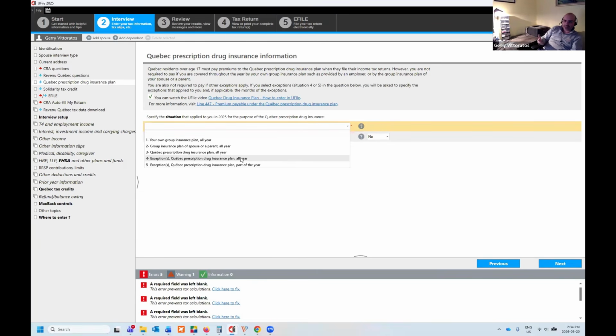Okay, one example of this is if you're collecting 94% of the guaranteed income supplement, then usually you're exempted. You're still covered under the RAMQ, but you won't pay for the insurance. Another example is if you're a student between 18 and 20, if you're a full-time student between 18 and 25 during the year, again, you're covered under the RAMQ, but you don't pay for that insurance. Okay, that's what they mean by exception.